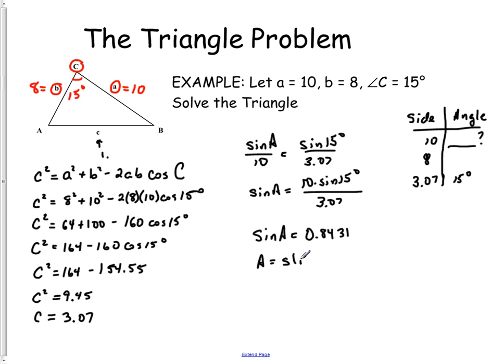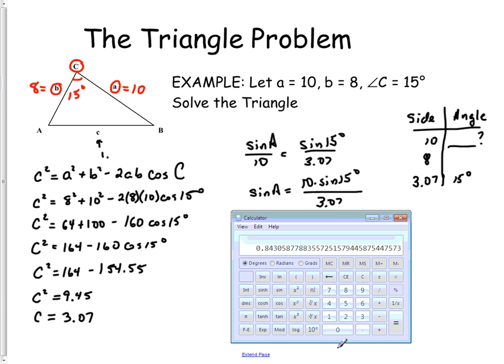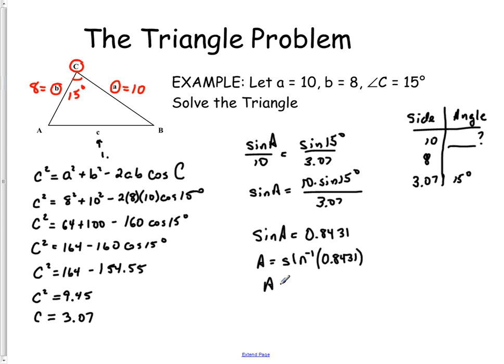The inverse sine of the ratio 0.8431 is going to give us 57.46 degrees.